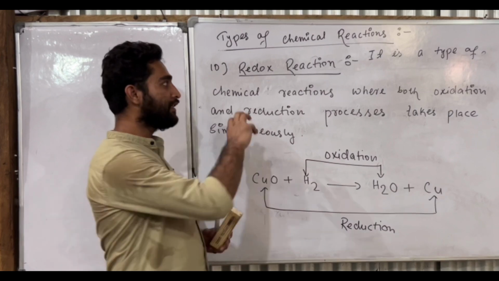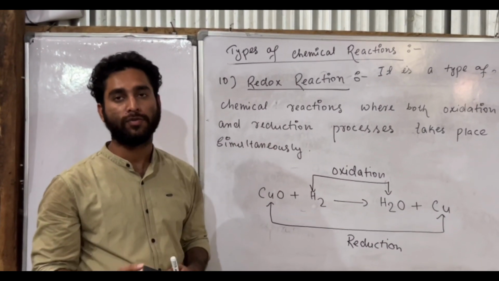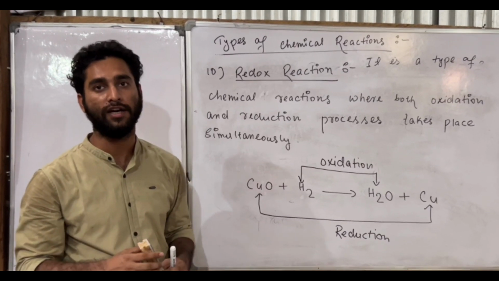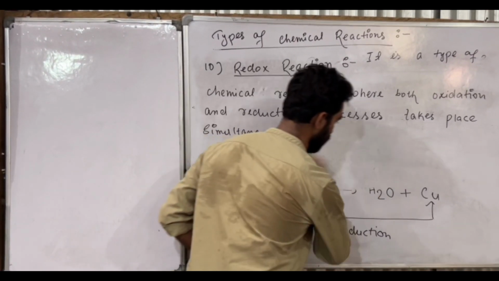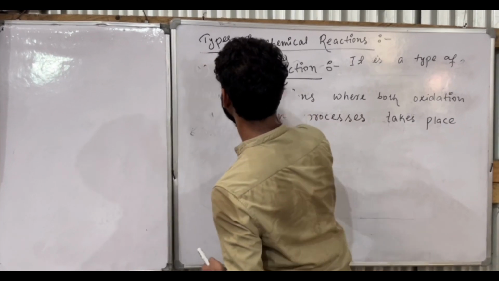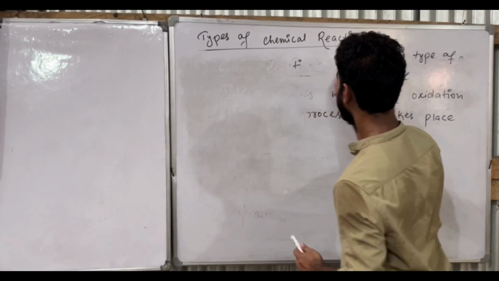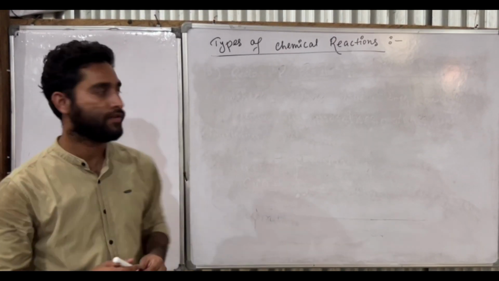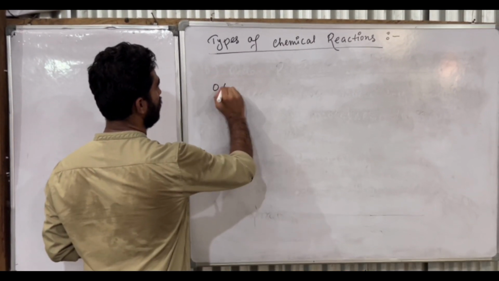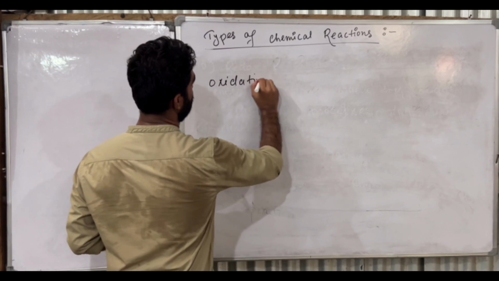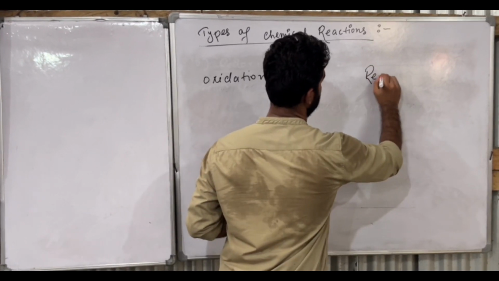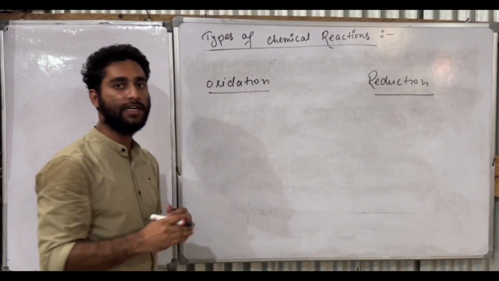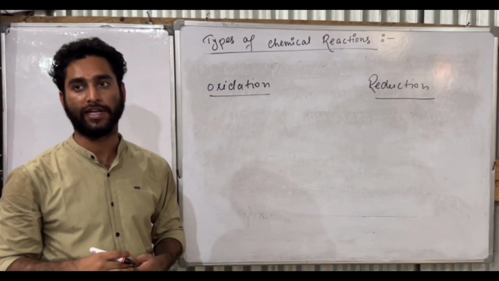Now, oxidation and reduction in another way also we can define, in terms of electrons. We can define oxidation and reduction in terms of their gain or loss of electrons.